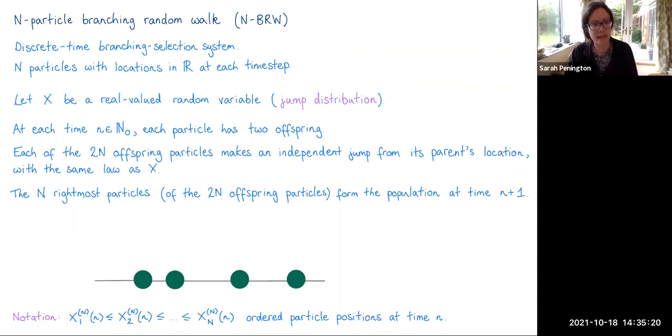Then at each time n in the non-negative integers, each of the N particles in the system is going to have exactly 2 offspring.